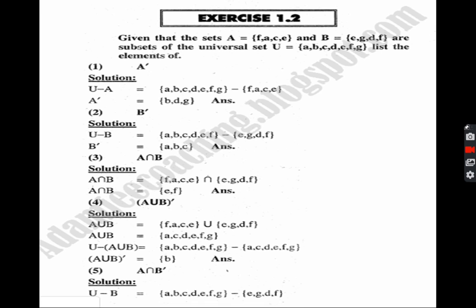So A intersection B, where A is equal to FACE and B is EGDF. So in these both sets, the common are E and F. So this is our answer.